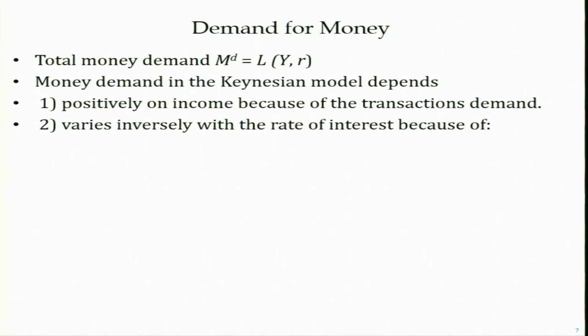So the total money demand we can write as a function of real income and the rate of interest. You can see that money demand in the Keynesian model depends positively on income because of the transaction demand. That means the higher the income, the higher the transaction demand for money.